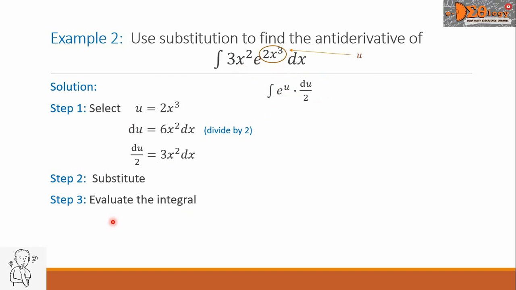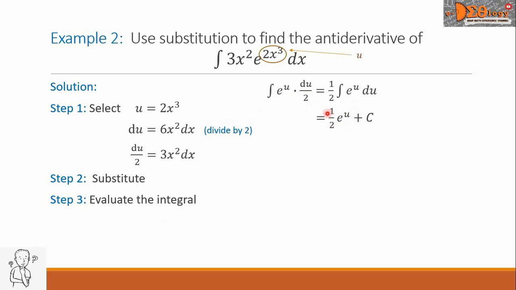Then step 3, let us evaluate the integral. First, this denominator 2 is a constant, so let us move it outside the integral. And that is now 1/2 of the integral of e^u du. This integral of e^u is equal to e^u itself.